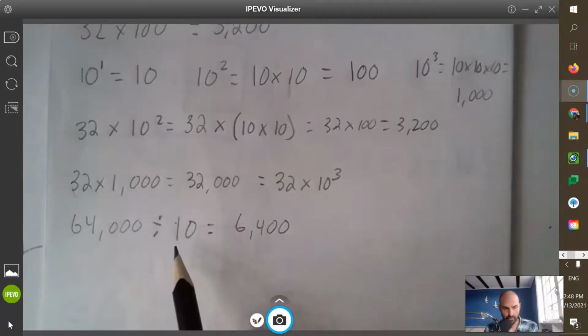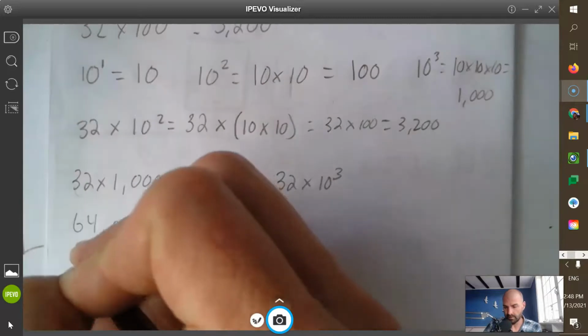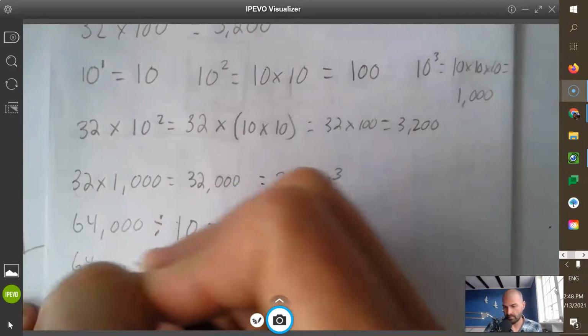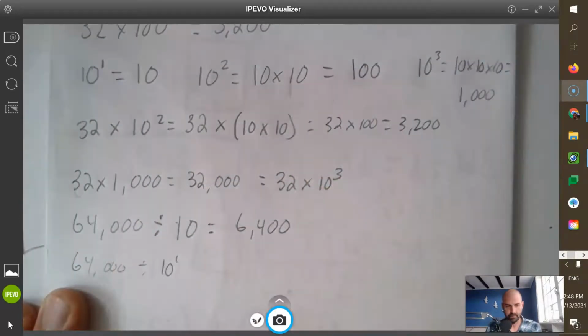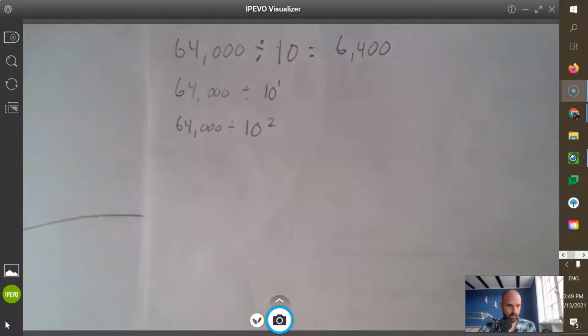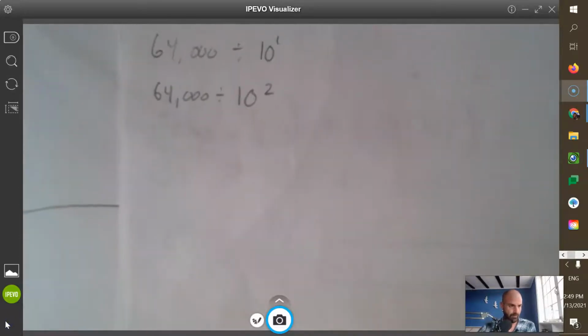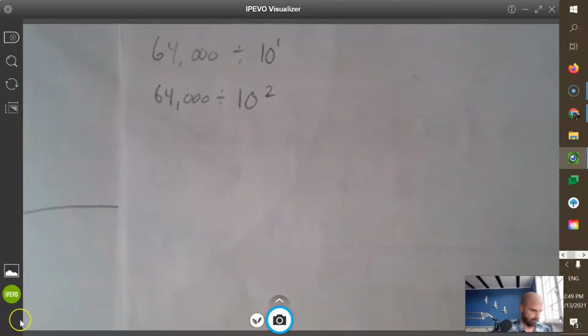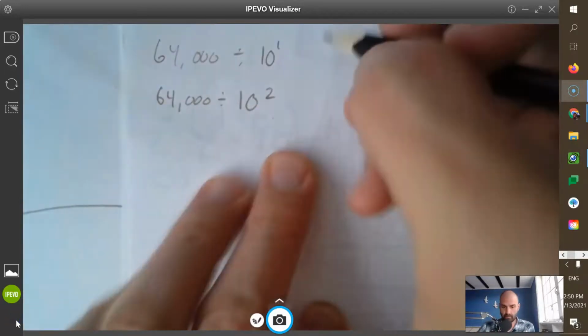We could, if we wanted to use exponents, rewrite this, saying 64,000 divided by 10 to the first, okay? Normally people don't do that. Normally we don't have that first up there, but you can use that. All right, so we're going to look at 64,000 divided by 10 squared. All right, so we're dividing by, this is 100, right?